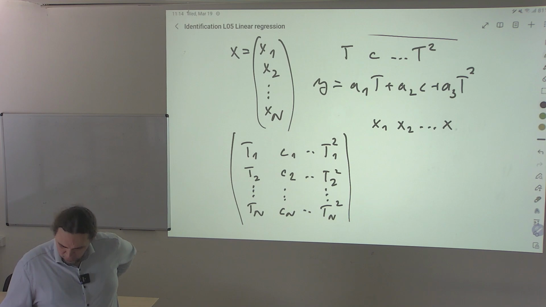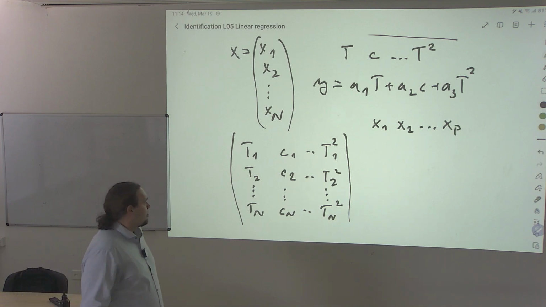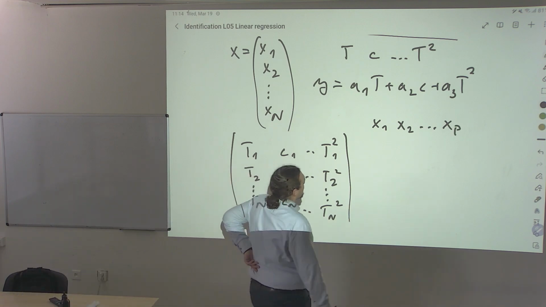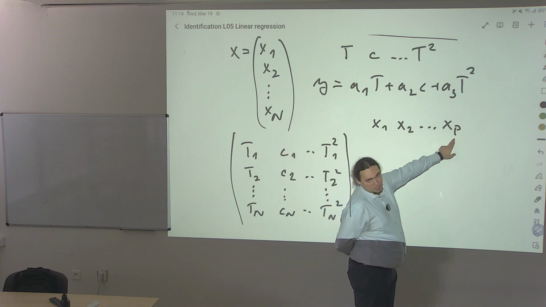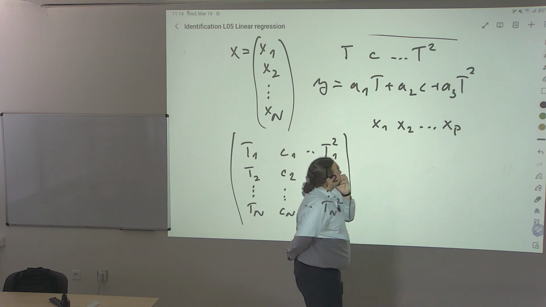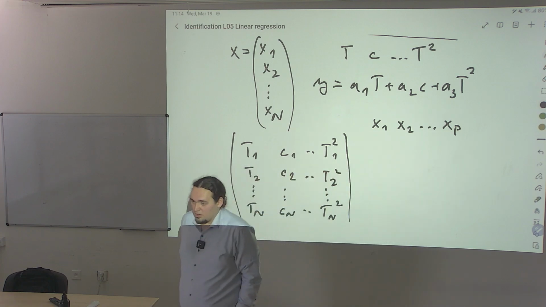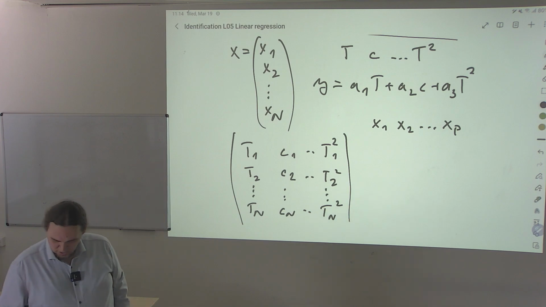So let's say the letter P will tell us how many of these independent variables we are taking into account, right?